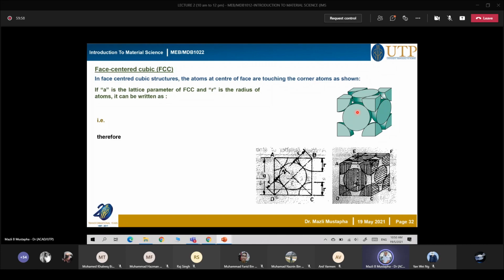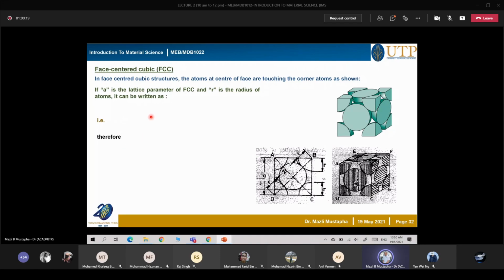Before, it was the body diagonal, but this one is quite straightforward. Once we have this touching of the atoms, we can calculate the relation between R and A of the system.